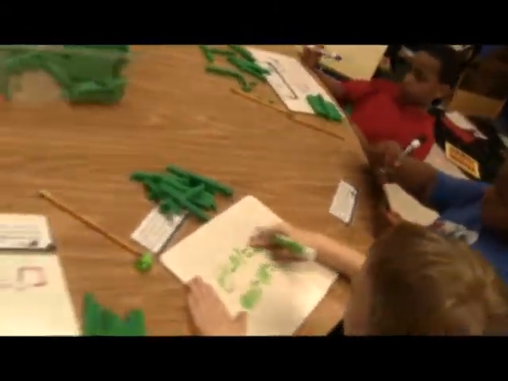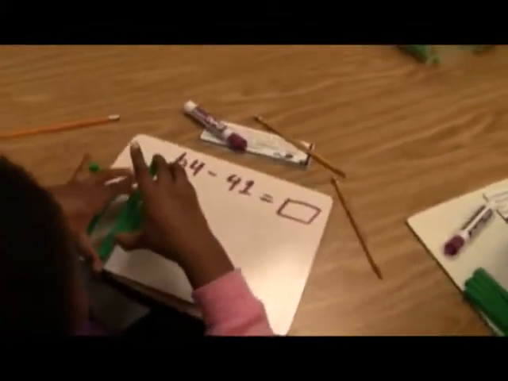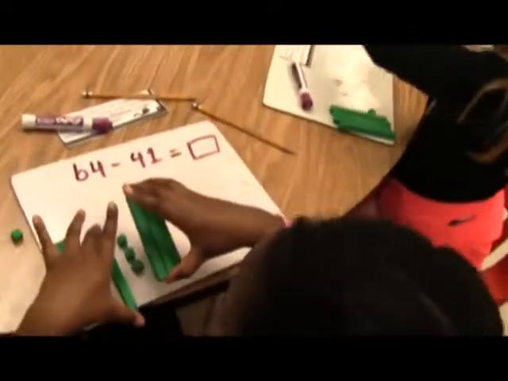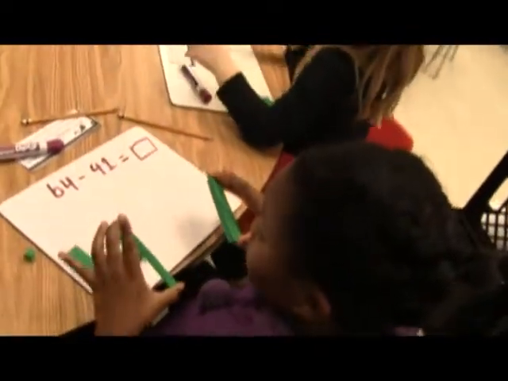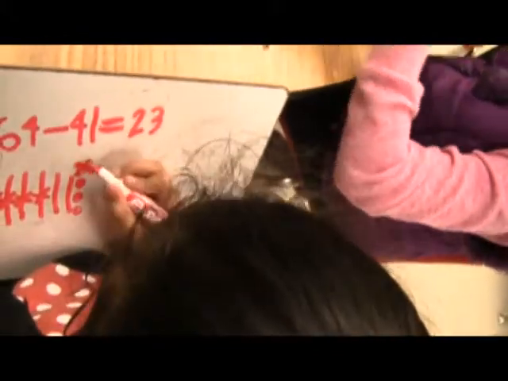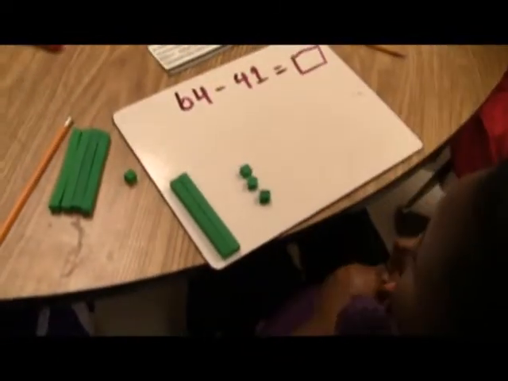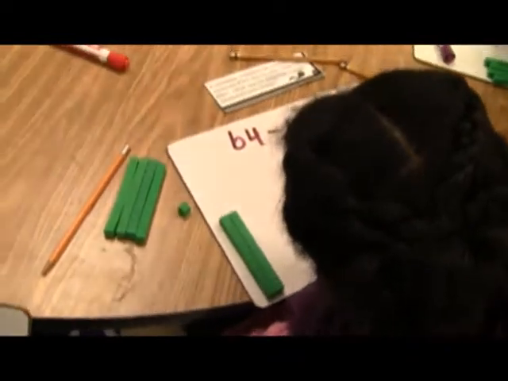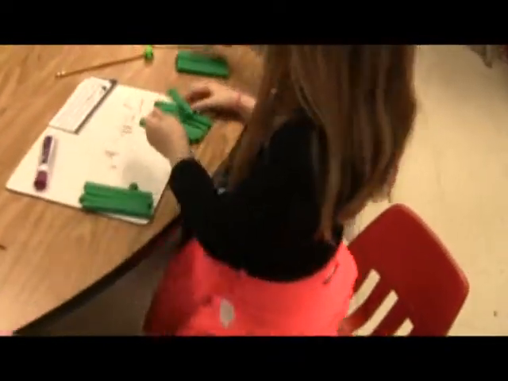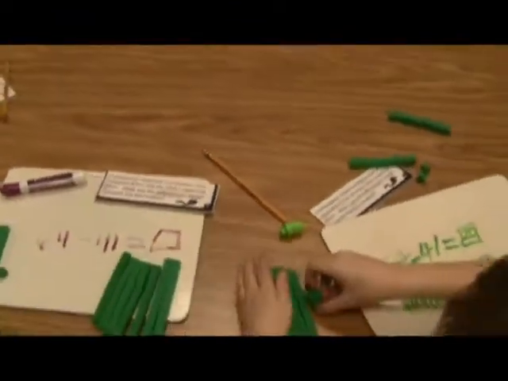We need 2 more tiny bases. Can I erase the point box? You can do a point box. We need to, wait. 64 minus 41. I'm going to do it too. Let's see. Are you taking mine? I don't have mine. Ooh, I've got my answer.